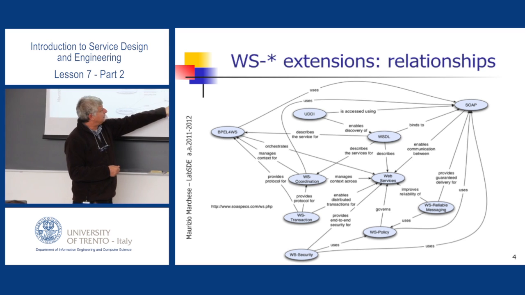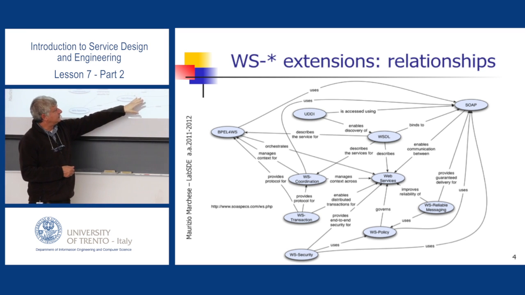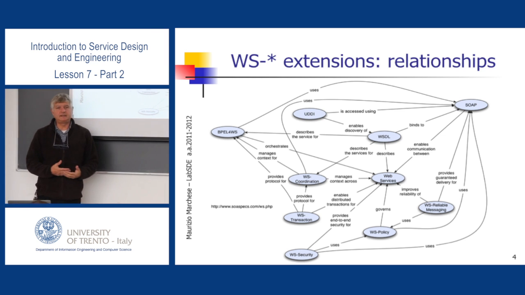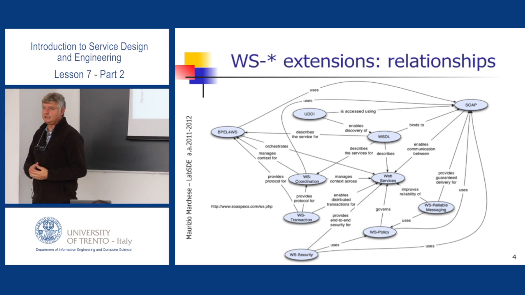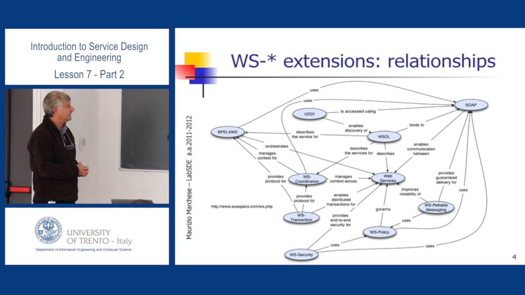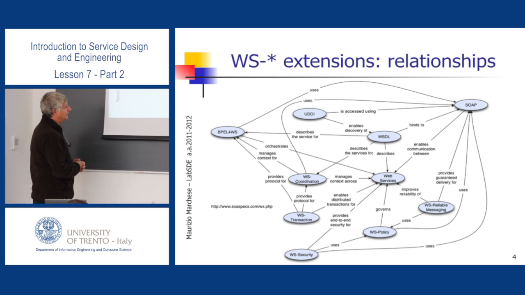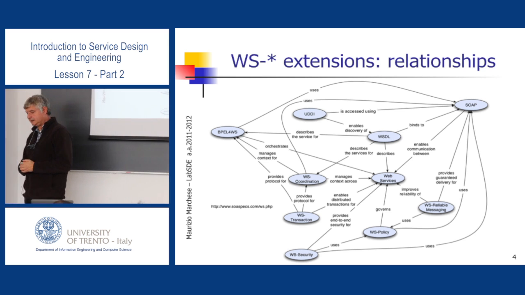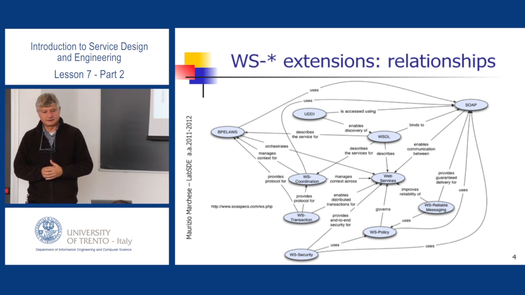There is the whole part reflecting on reliability and security. So it depends on the specific needs. You can browse this tree and find at various levels of maturity these various WS-star extensions.